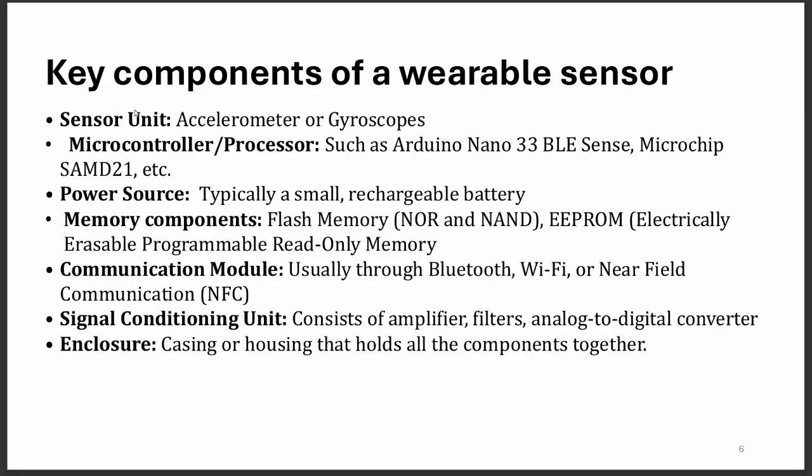It is responsible for processing the raw data from the sensor, and it also pre-processes it before going to the next step. Some microcontrollers that are used in developing these wearable sensors are Arduino Nano 33 BLE Sense and Microchip SAMD21.